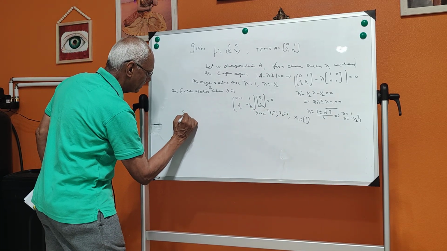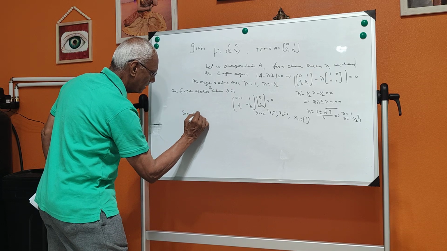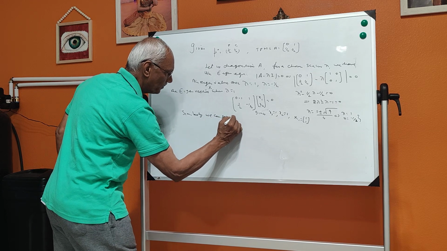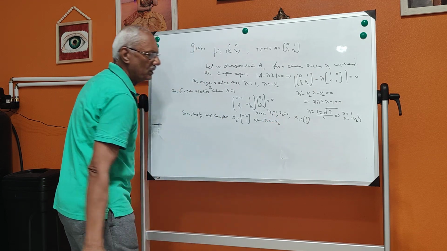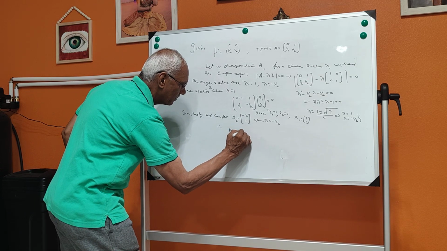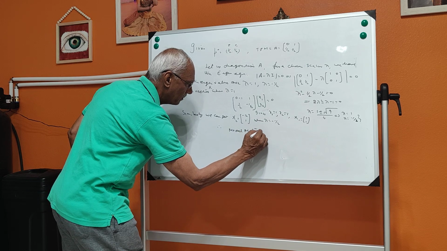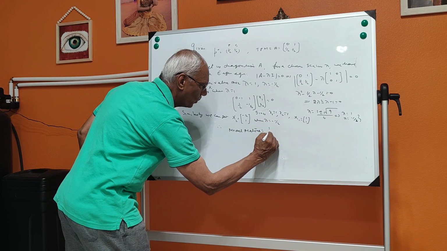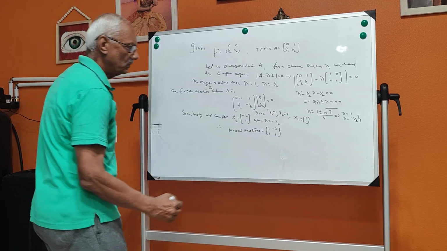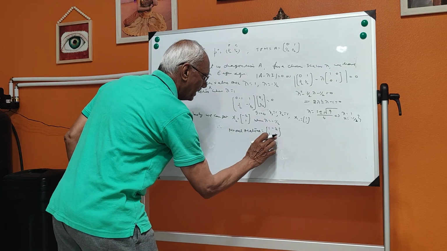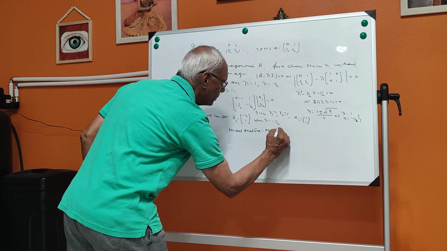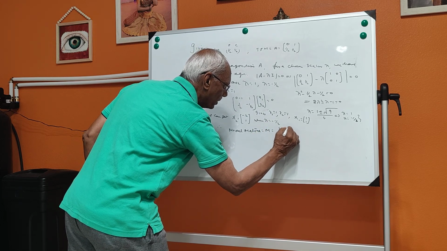Similarly, we can get the second eigenvector. Therefore the modal matrix, which I will call M, is equal to 1, 1, minus 2, 1.